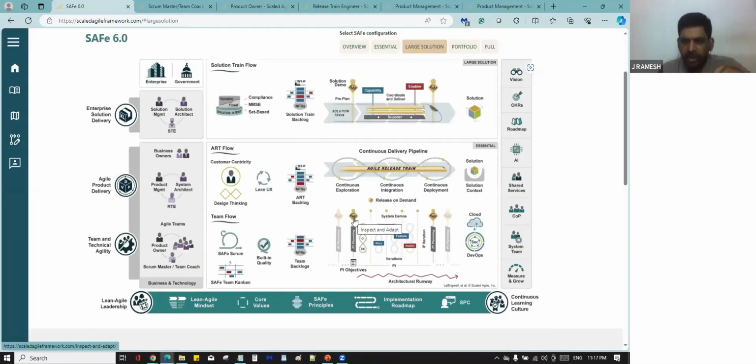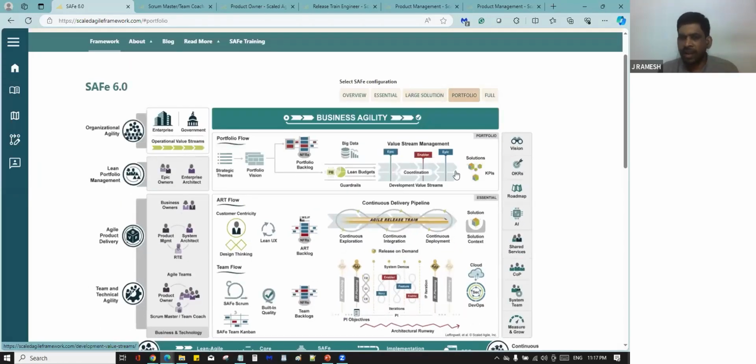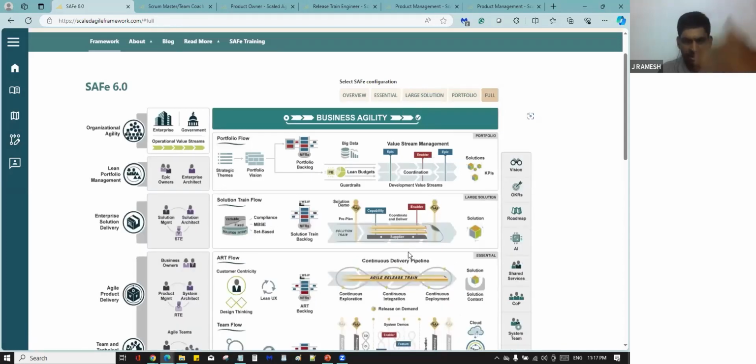The next level we call the essential level: RTE, product manager, system architect. That is the train level. The multiple train level we call STE, and there is also the portfolio level, and then full SAFe. This keeps on going. I can explain, but I'm not taking away from the headlines.